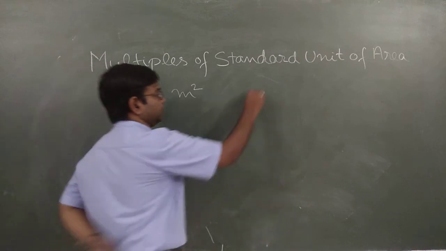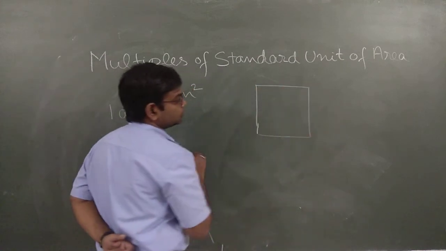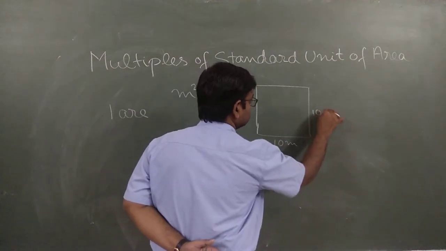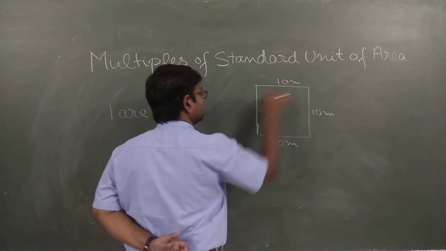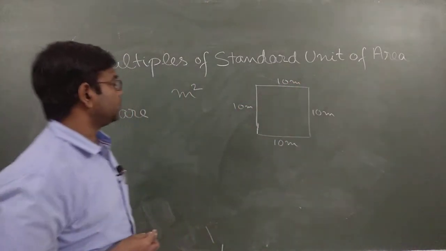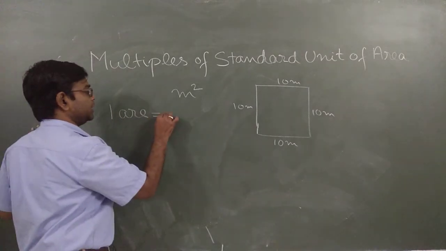Suppose we have a square, and each side of the square is equal to 10 meter. So the area occupied by this square is known as your 1 R.